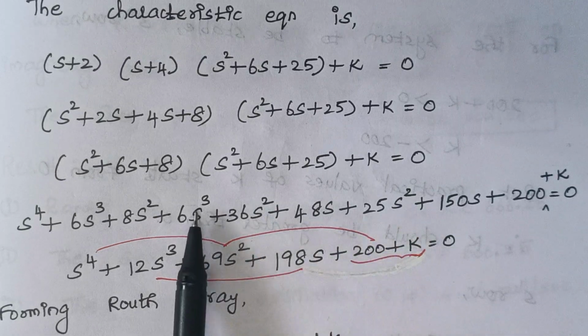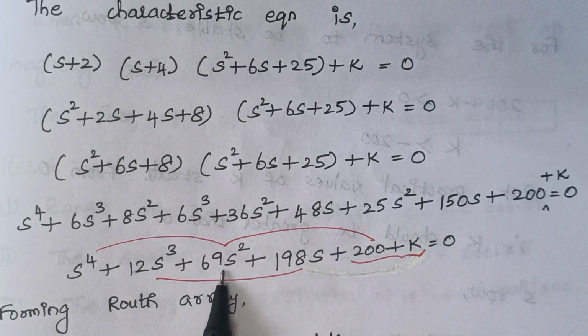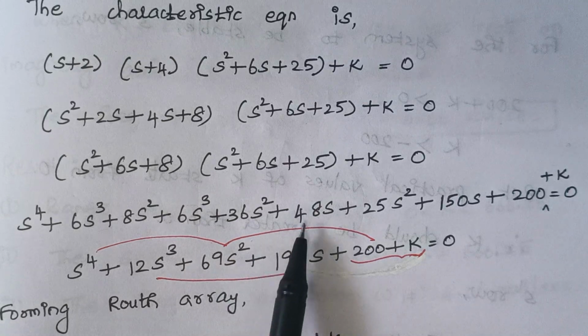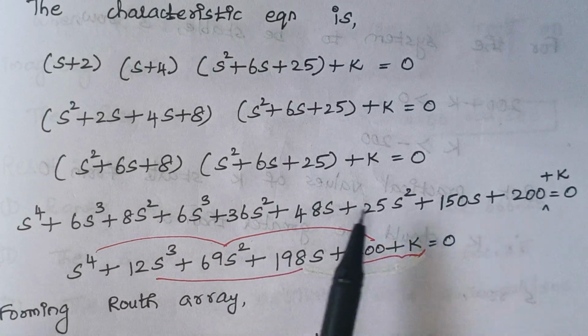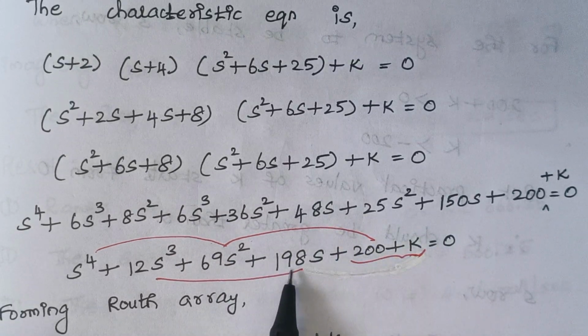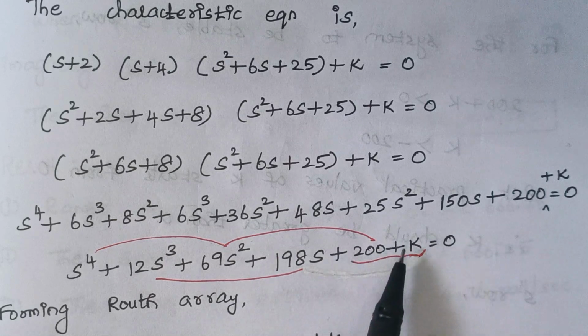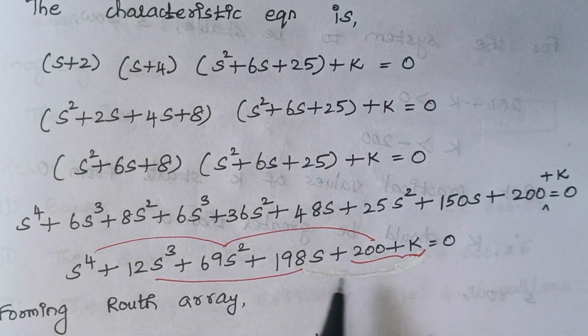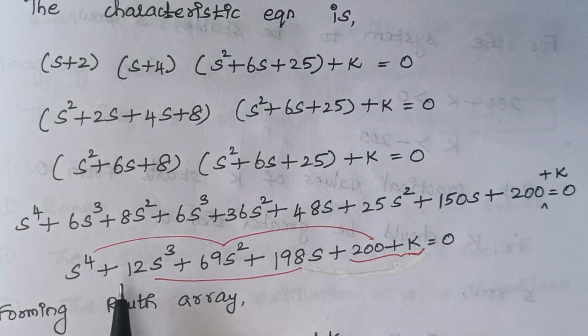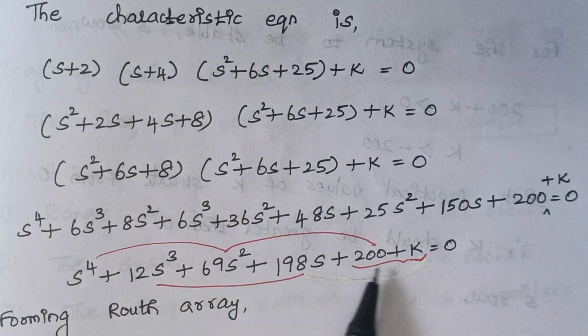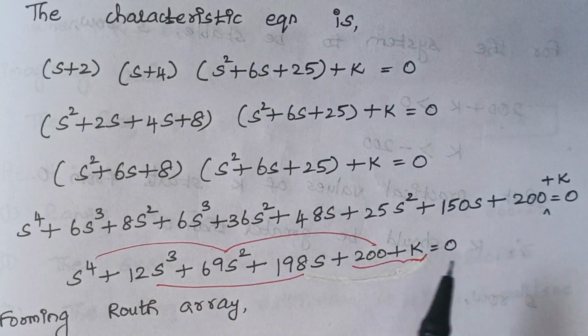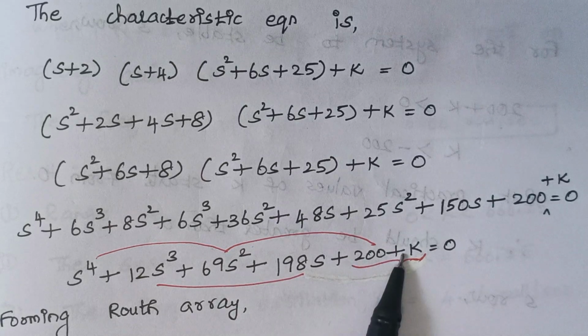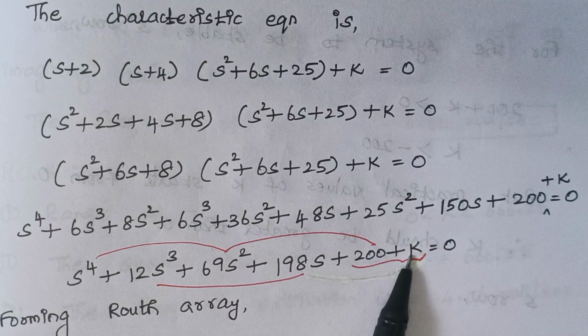Adding all these terms, I get 69s square. And again we combine s terms. Here 150s and here 48s, so 198s, plus finally the constant terms 200 plus k. So this is our simplified characteristic equation. From this characteristic equation, by using the Routh array, we have to tell whether the system is stable or not.